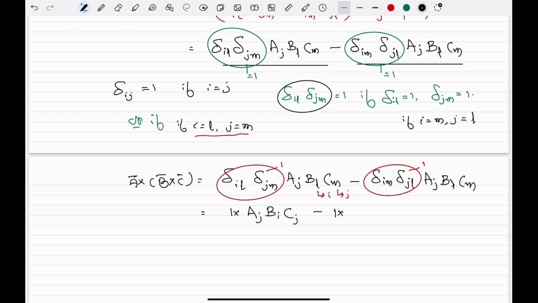Now in the second, J is equal to L, so L becomes J, and M becomes I. Now just see, 1 into AJ BJ CI.